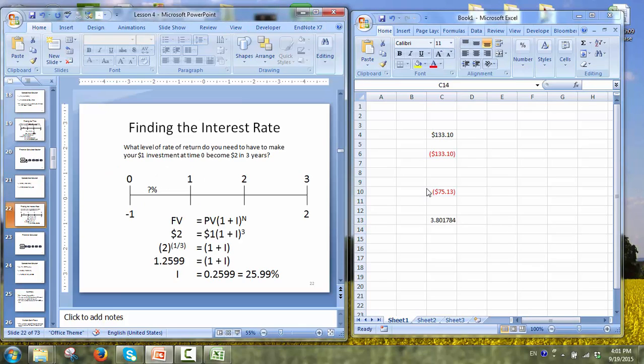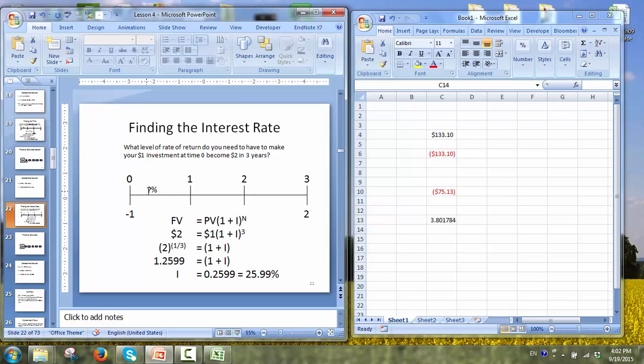If we want to find out the interest rate, same thing, same formula. We have this question: what kind of rate of return do you need to make your $1 investment today become $2 in 3 years? Comparing to the last question, we knew the 20% interest rate and needed to find out n.